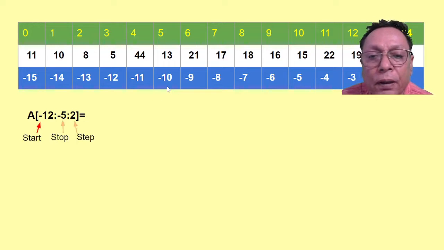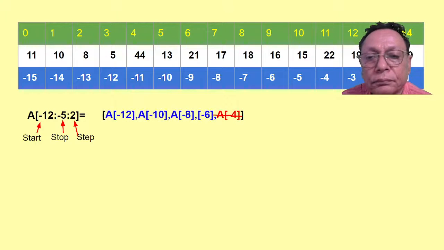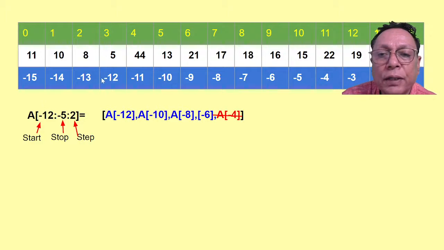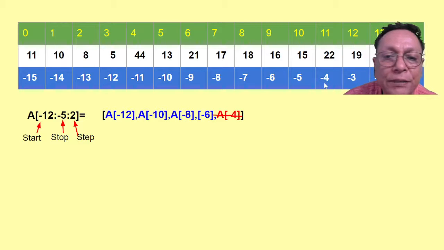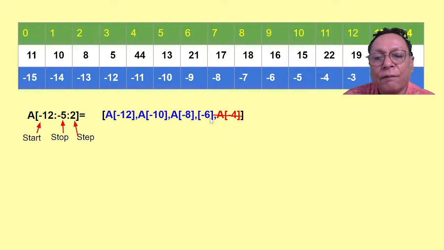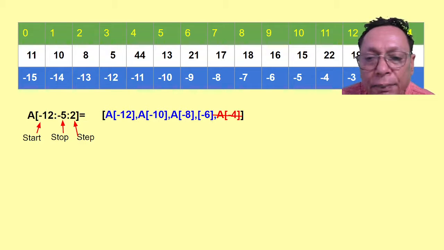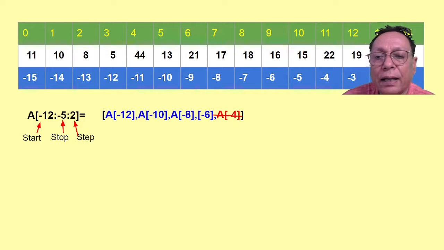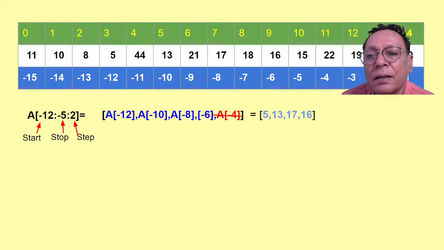To see, -12, then step up to -10, then step up to -8, then step up to -6, then step up to -4, which is not possible because we'll have to move till -5. So only -6 index, the last index, will be considered, and hence we'll copy these values: A-12, A-10, A-8, A-6.